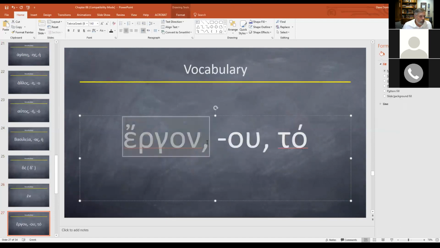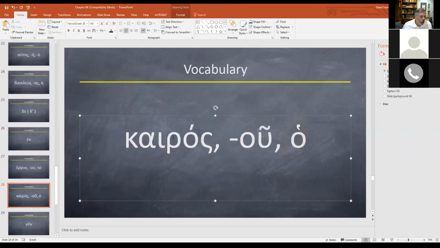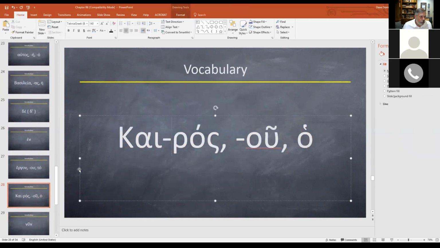Ergon, we've already seen. Ergon means work. It's a neuter word. And here's my neuter article, to. And so I would find it in the lexicon this way. Kairos, there's a diphthong. It's a noun, so it has an article with it, and it happens to be a masculine singular article, ho.